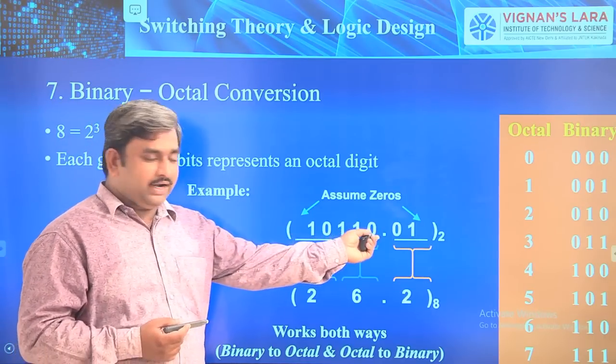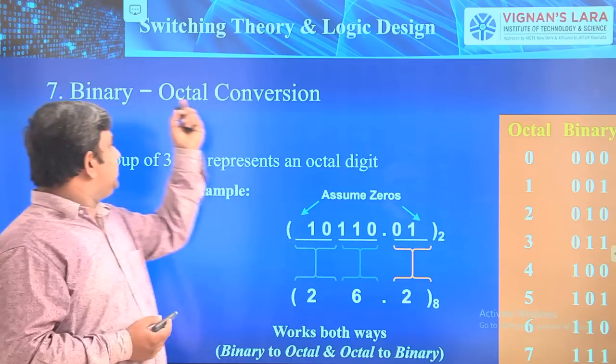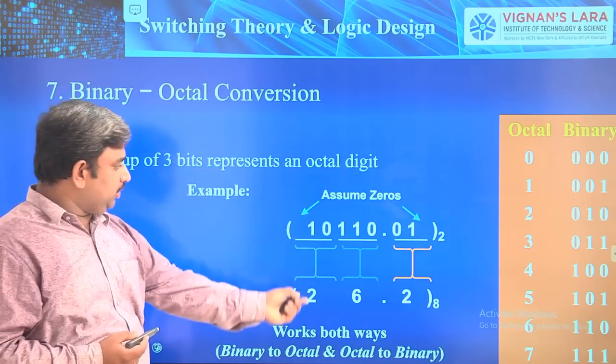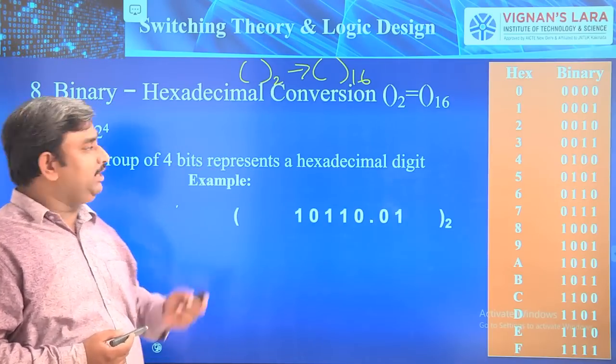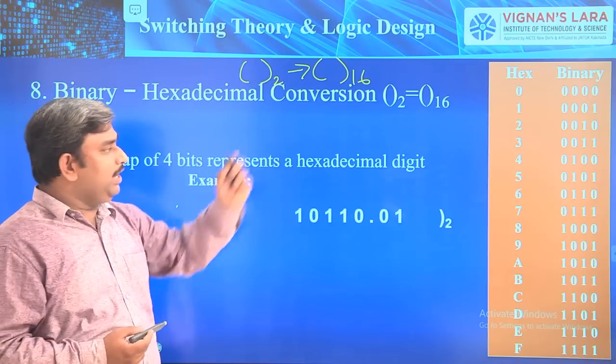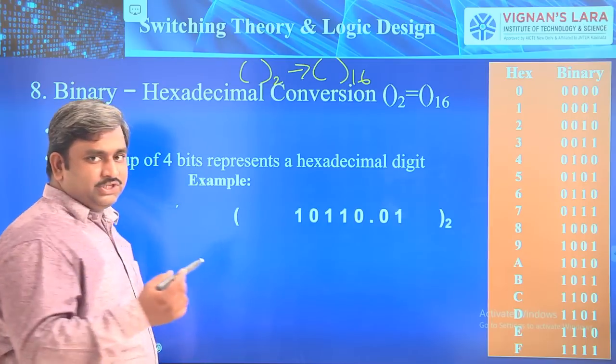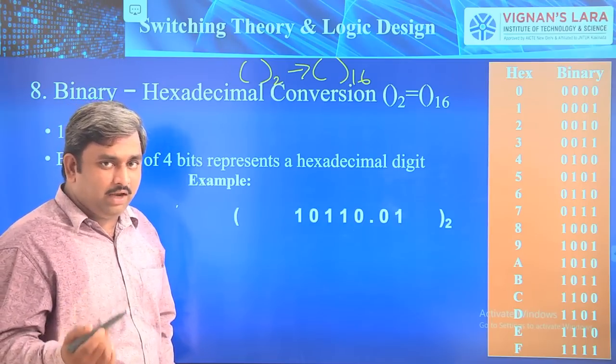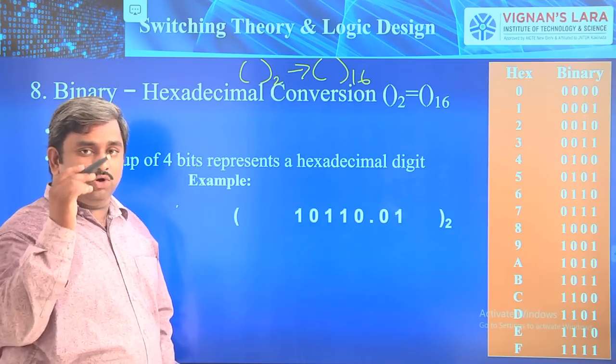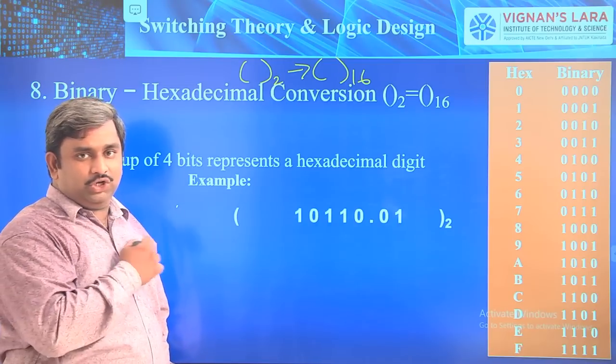So 101110.01. This was a binary to octal conversion. The same example I have taken here for converting binary to hexadecimal. In the octal number system, the maximum possible combinations are 2 power 3, that is 8, so I made groups of 3 bits.